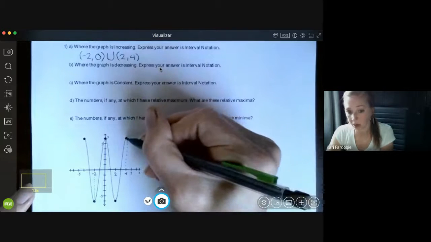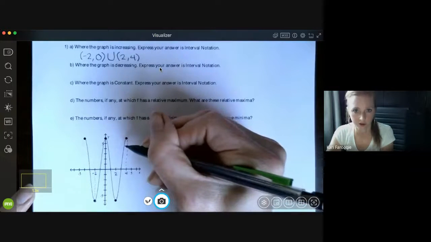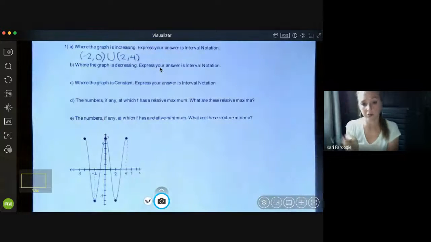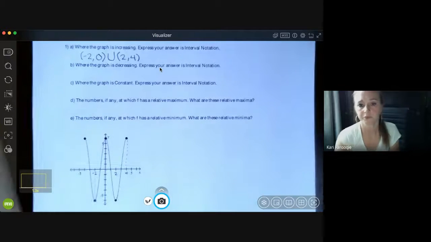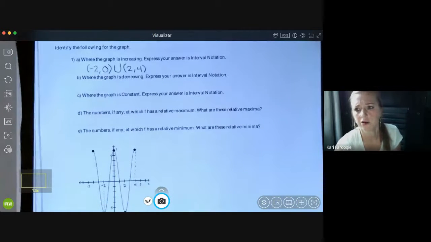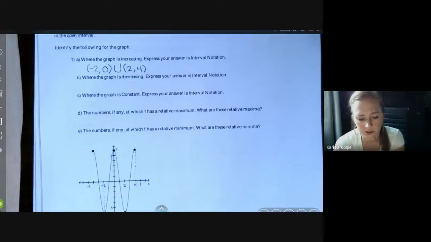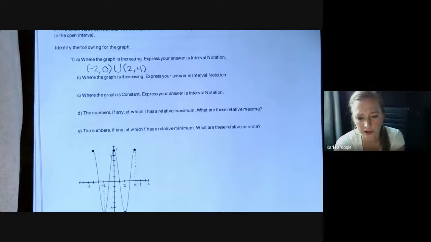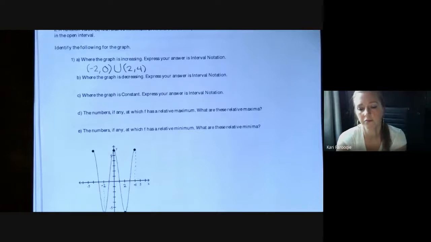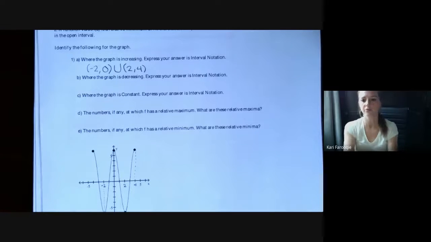The graph stopped here, so it can't be increasing at that point. So we would still use that open parenthesis. Does that answer your question? It's a great question. This is a hard lesson to get through just because there's a lot of notation and a lot of little things that sometimes are hard to catch.